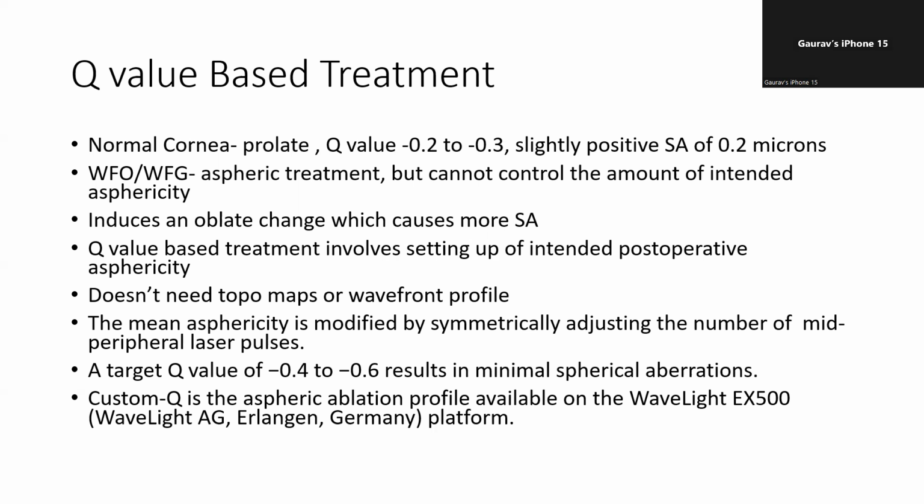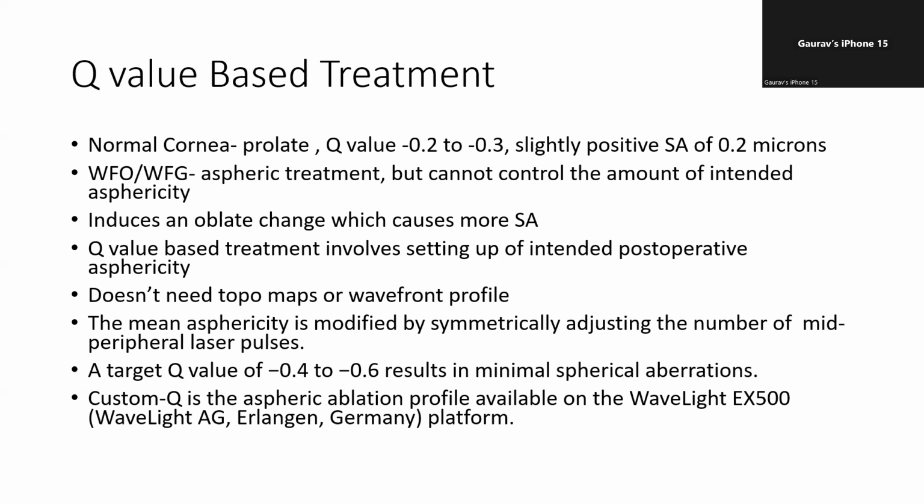The wavefront optimized or wavefront guided treatments include aspheric treatment, but we cannot control the amount of intended asphericity. So any treatment induces an oblate change in the cornea, which causes more spherical aberrations. The Q value based treatment involves setting up of intended post-operative asphericity.